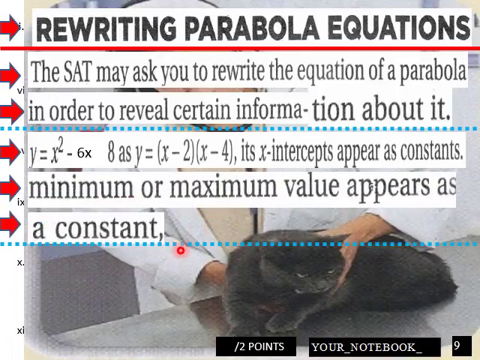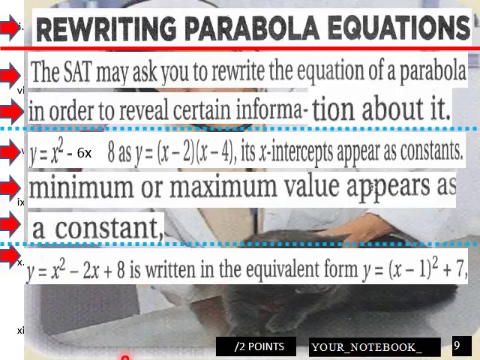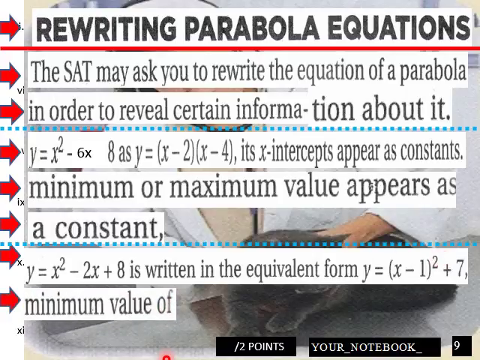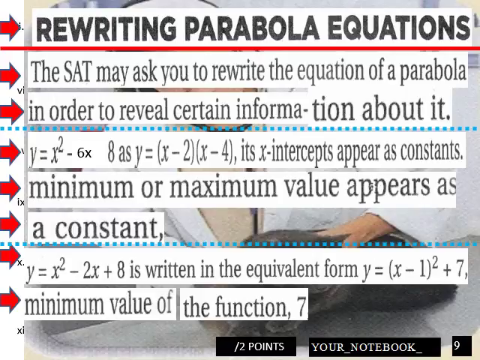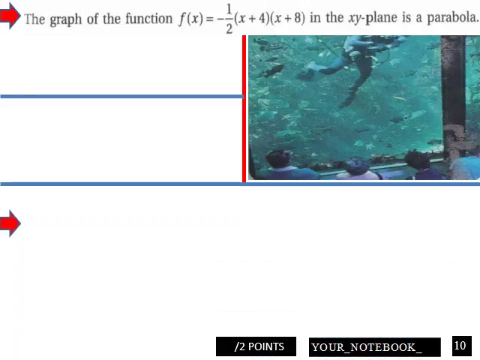Min or max value appear as a constant. So y equals x squared minus 2x plus 8 is written in the equivalent form of here, x minus 1 squared plus 7. The minimum value of the function would be 7.